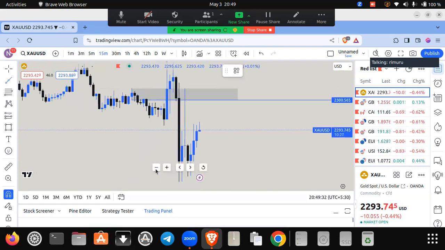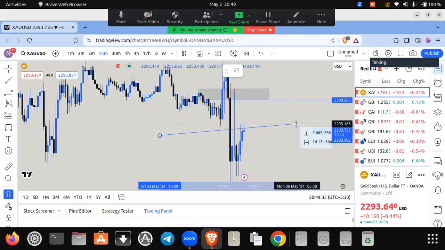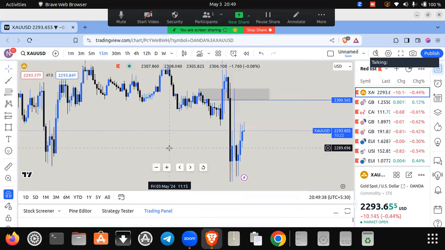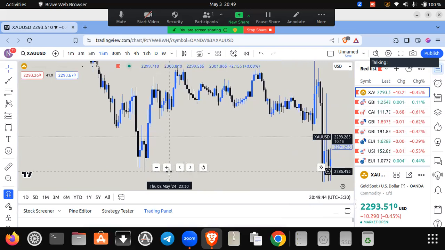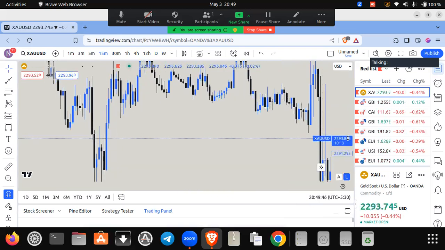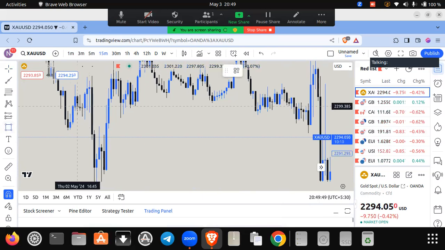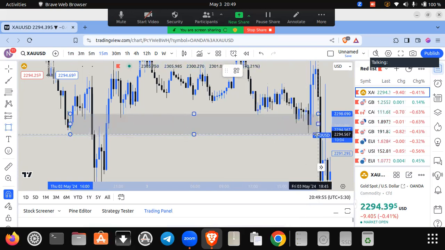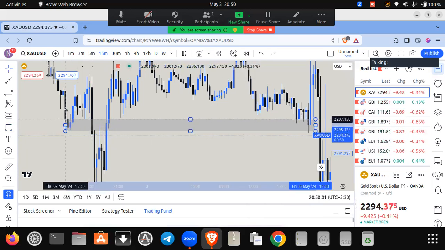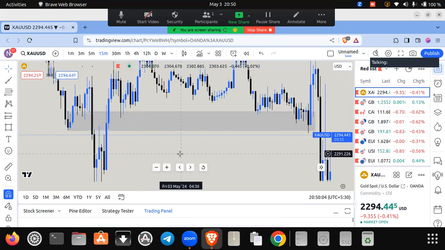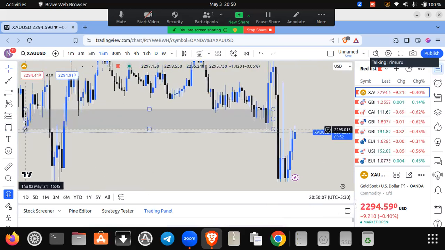I'll also show you how to mark a hidden engulfing buy. You can see that here we have an engulfing buy zone and it broke, and this black candle broke it.